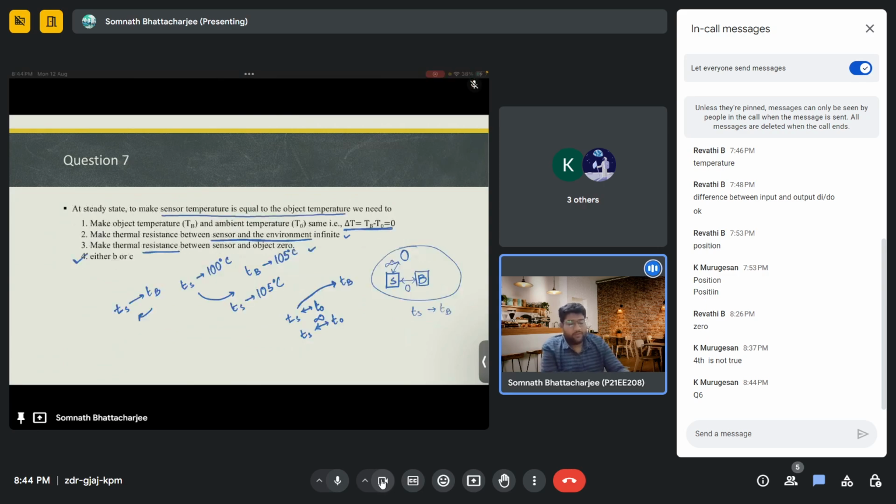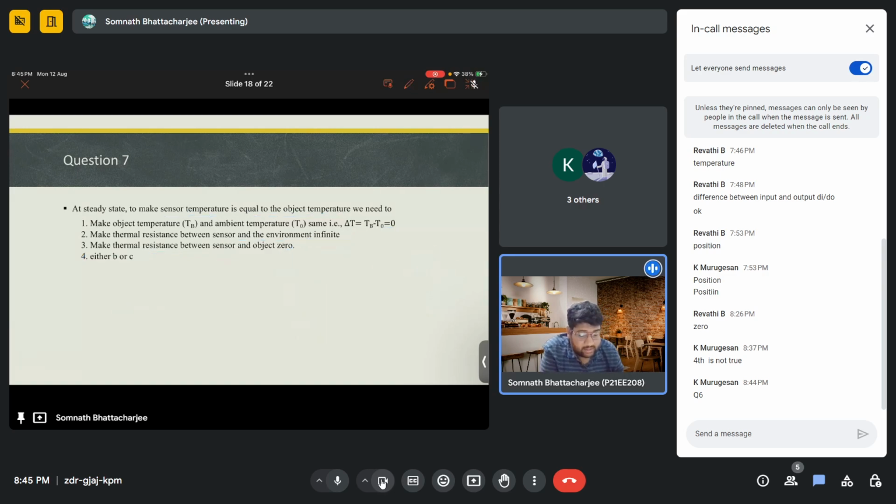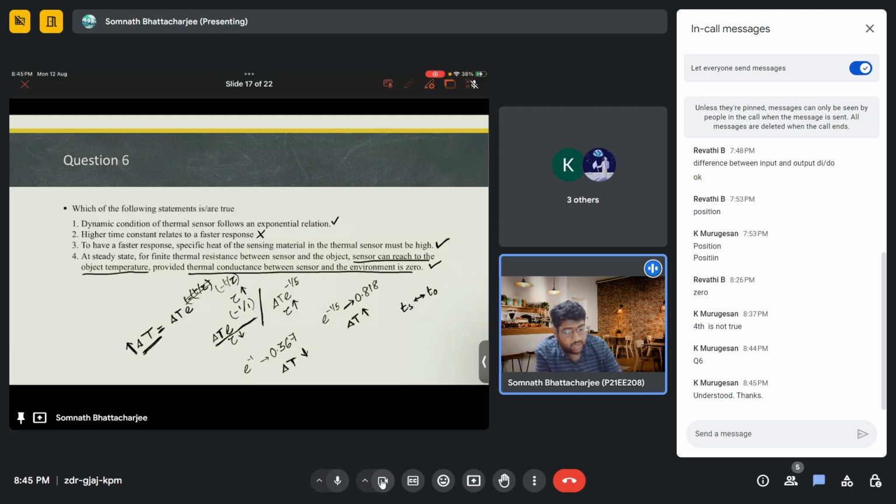So here we have already explained that in both of the cases, this was talking about the resistance between these things. So the resistance between the object and the sensor should be zero or nearly zero, or else the resistance between the sensor and the environment should be infinite. But in this question the main focus was on the conductance, just the opposite of the resistance itself.